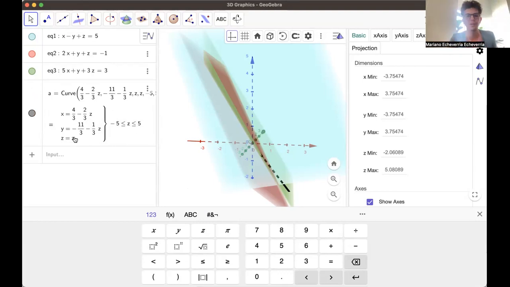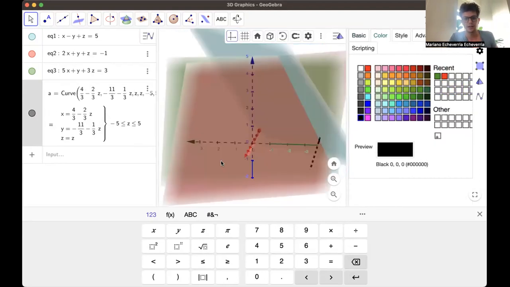That's kind of redundant, but you need to write that in the algebra. And of course I cannot plot this for infinitely many values in practice, so I just give some values for z.